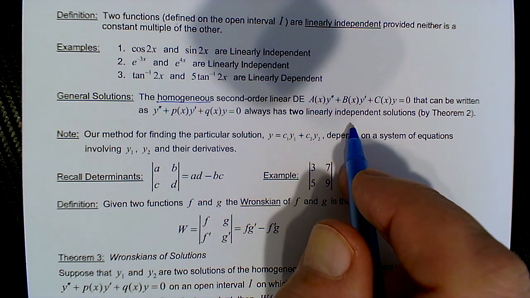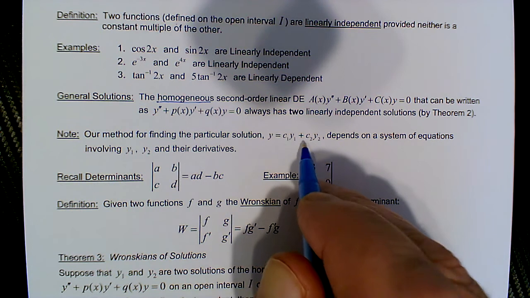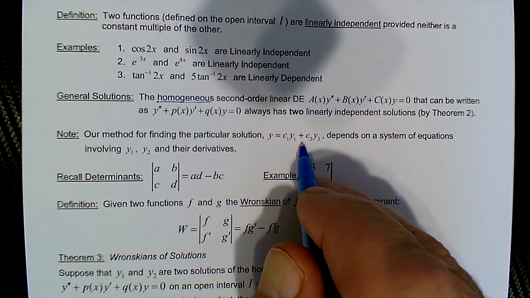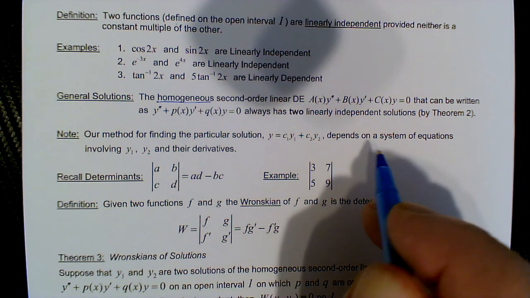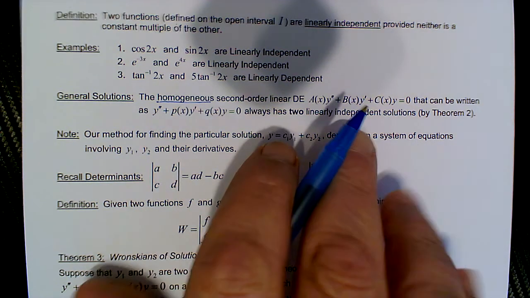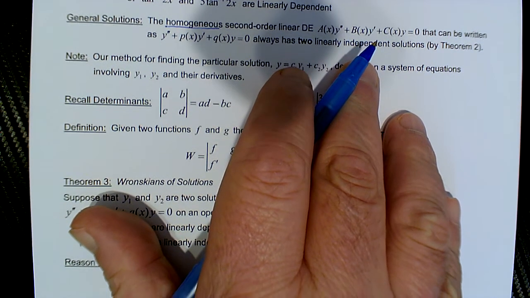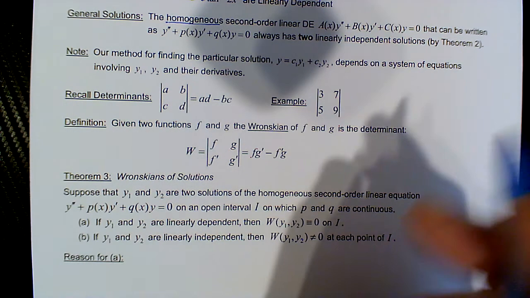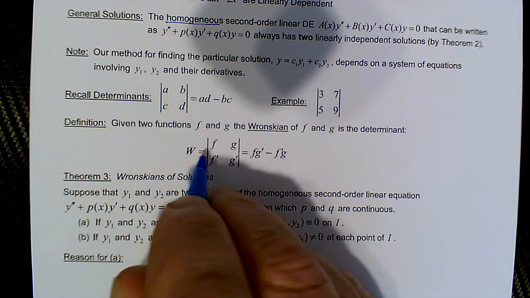And our method for finding those solutions, as we saw, was to use the principle of superposition, and it depended on a system of equations involving the functions and their derivatives, because we had to use the two initial conditions as we saw in those previous examples. So first of all, recall determinants.